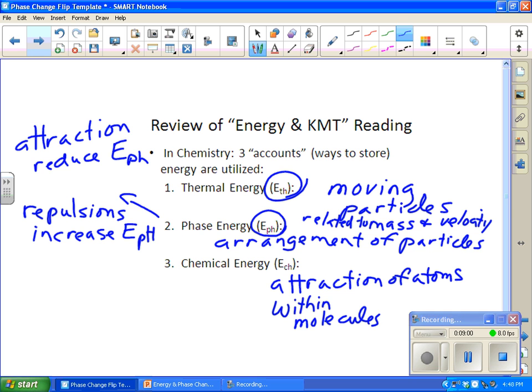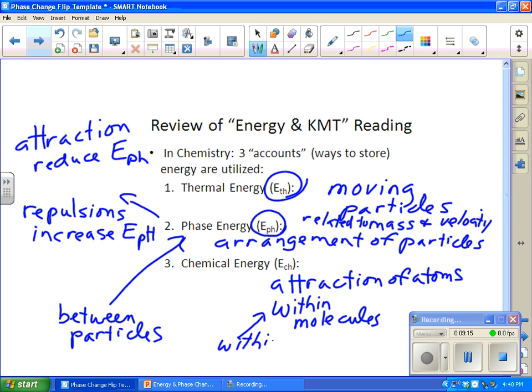So the difference between these is that phase energy is between particles. Those particles could be molecules. Chemical energy is within particles, if those particles are molecules.